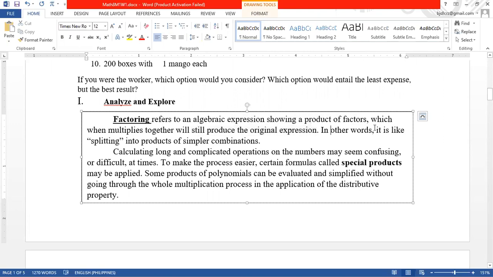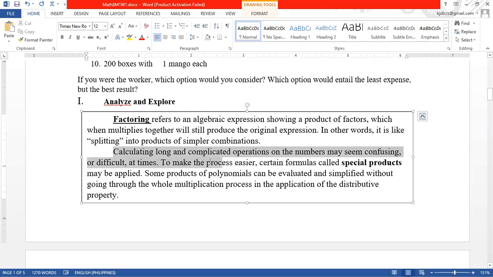Or in other words, it is like splitting into products of simpler combinations. So factoring is like splitting into products of simpler combinations. Now, whenever we multiply the two, we will still produce the original expression.